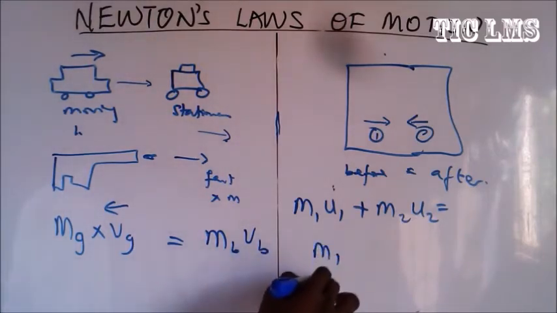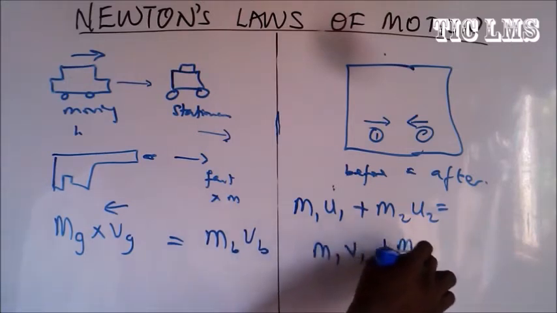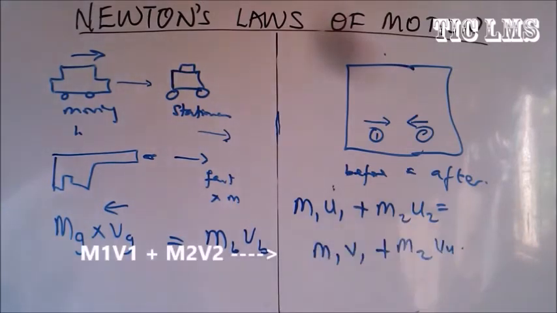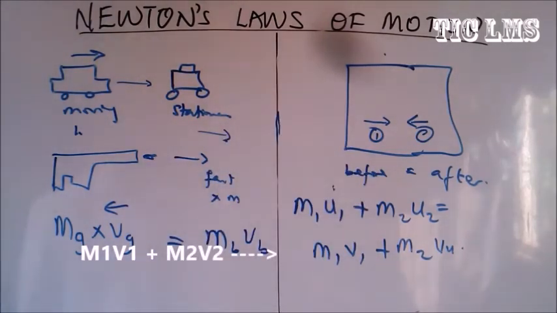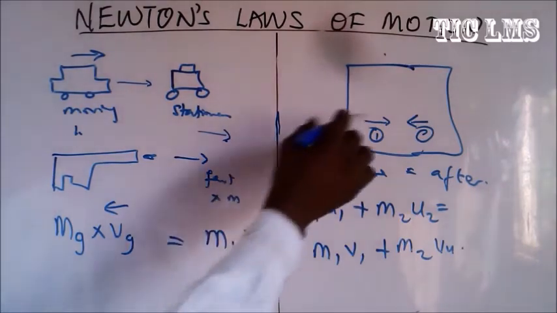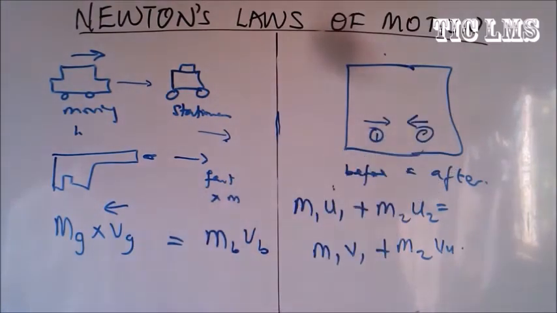Hence we have m1v1 plus m2v2, provided there are no external forces to it. Now this occurs in an elastic system. When we say elastic, when there is a collision of this body and this body, they hit each other and then they bounce back with a final velocity.